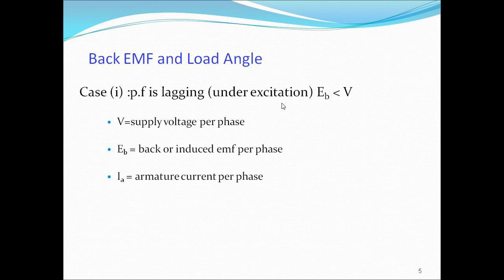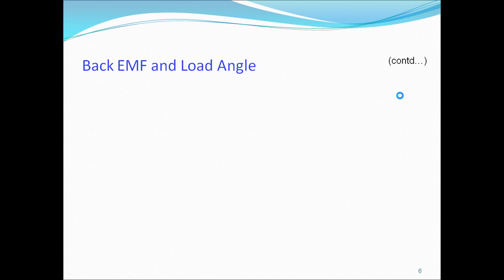Suppose the excitation is below normal, then the power factor is lagging and back EMF EB is less than V, where V is the supply voltage, EB is the back EMF, and IA is the armature current. So this is case 1.